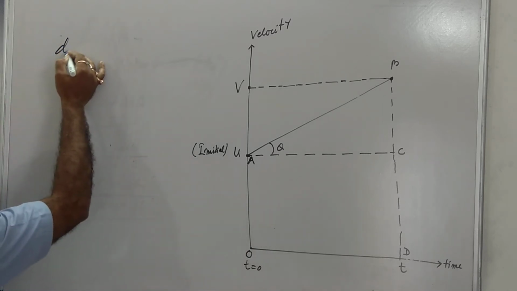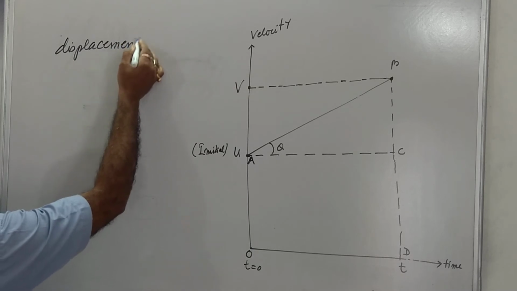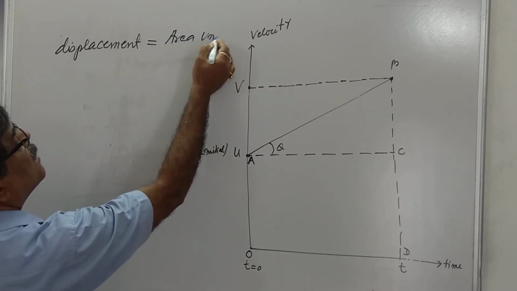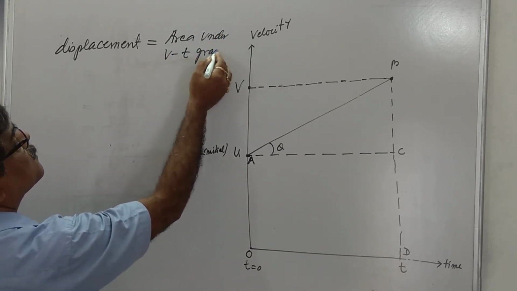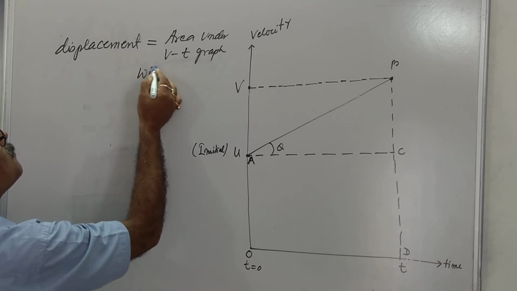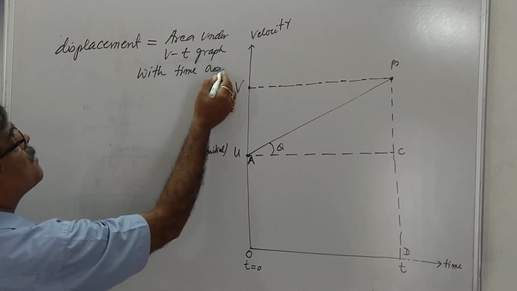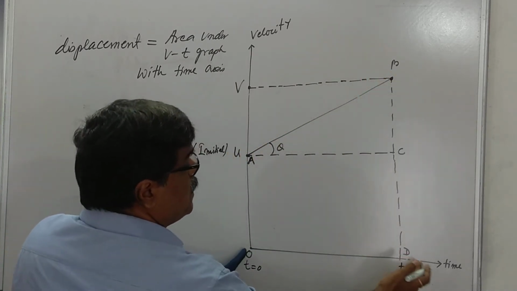Displacement. Therefore, displacement is equal to the area under the velocity time graph with the time axis. The area under the velocity time graph with the time axis means that.